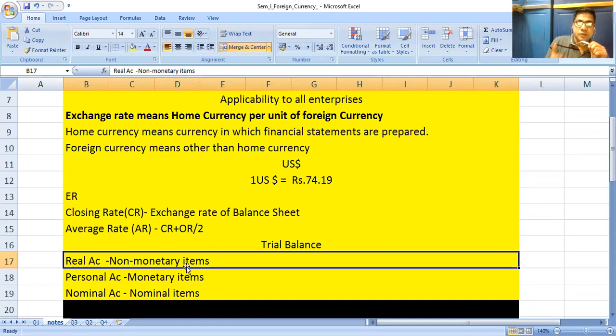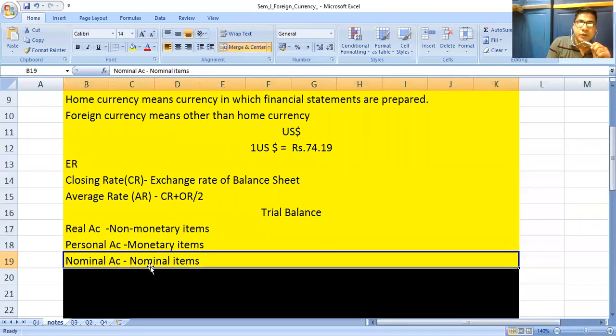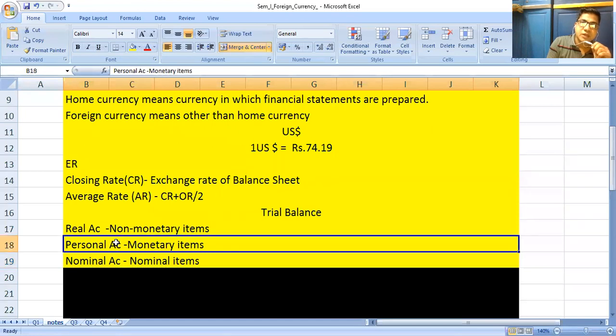Non-monetary items means the balance sheet items, assets. Assets: debit what comes in, credit what goes out. An asset comes in if you purchase the asset. In the nominal account, we record nominal items. In the personal account, we record monetary items.